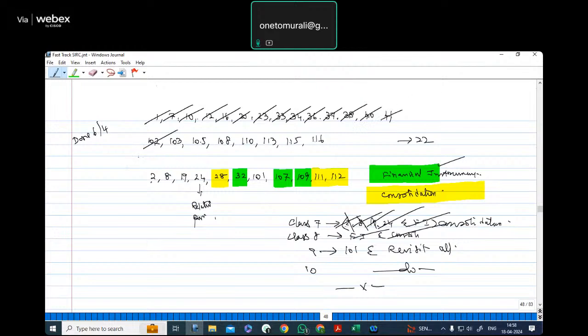Then 102 for share-based payment, 103 business combination, 105 non-current asset held for sale, and 108 segment, and these things on consolidation, 115 revenue recognition, 116 for modification, and 107, 109, and 32 we have taken up under financial instrument, for consolidation 28, 111, and 112 taken as part of the consolidation. 2, 8, and 19 got over, and as the last one, 24, we will take it up for related party disclosure.